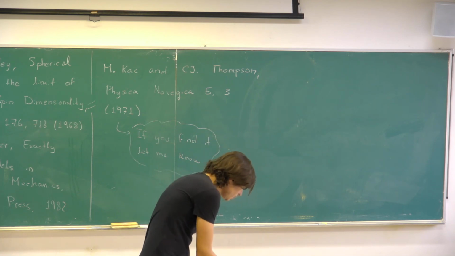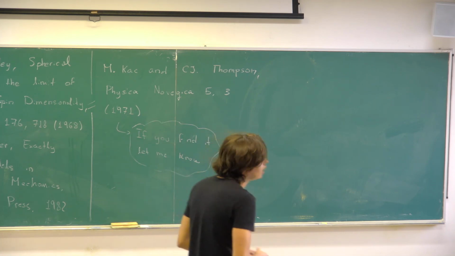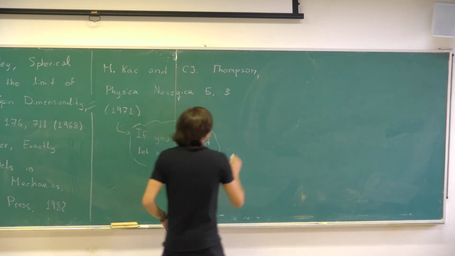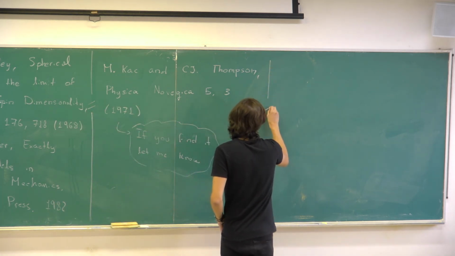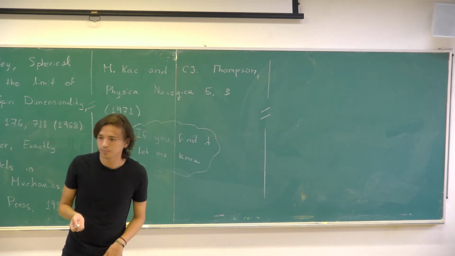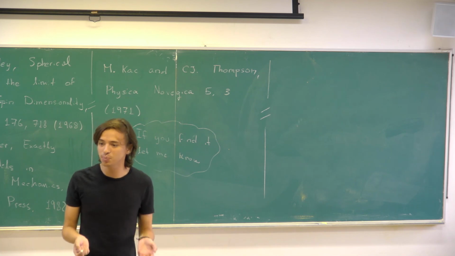So, to begin with, the spherical model has a Hamiltonian which is the same Hamiltonian as the Ising model. All that we're going to change is the phase space of that Hamiltonian.